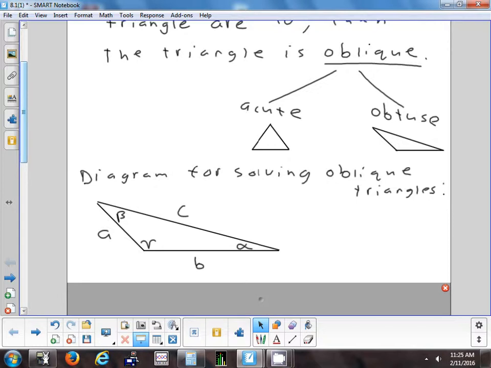As you go through it, if you look in the book, you might see that they use different letters sometimes. Some books use capital letters for the angles and lowercase letters for the sides.